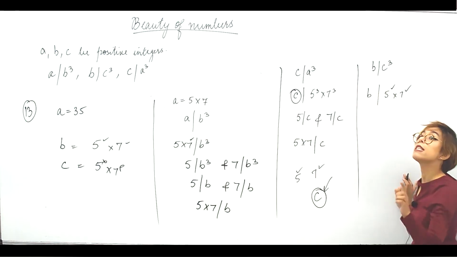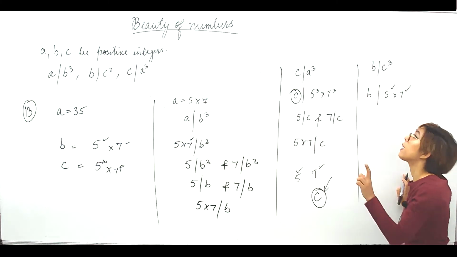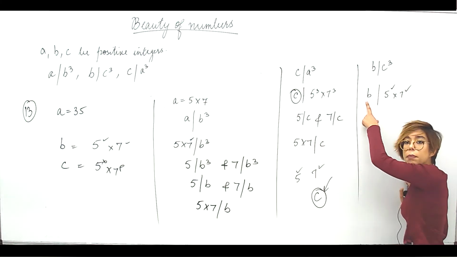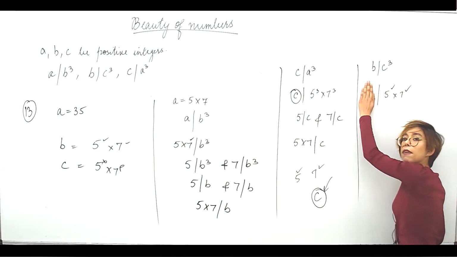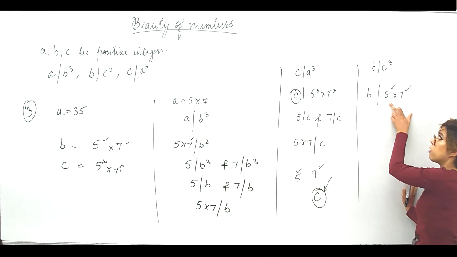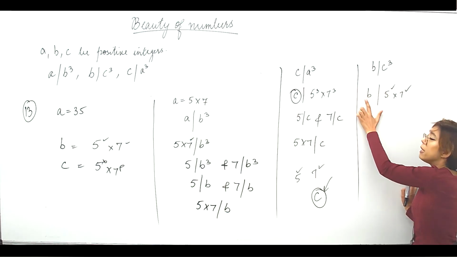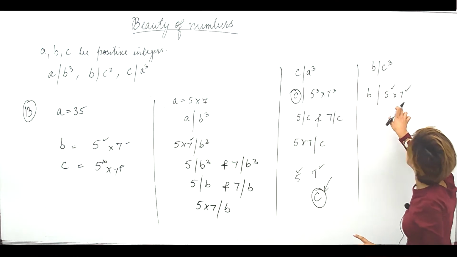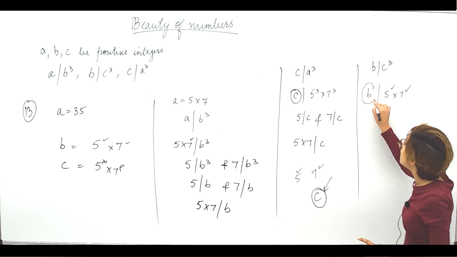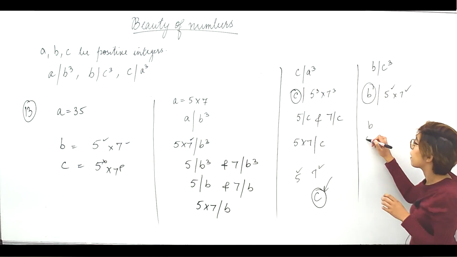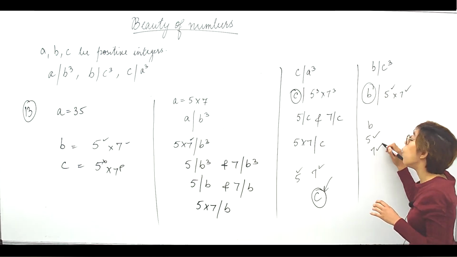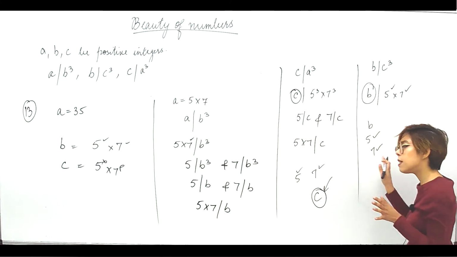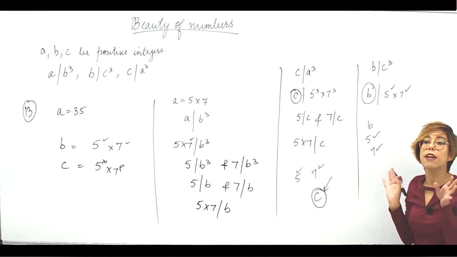But the question was, can there be another prime factor in B? No, it can't be. Because if there is, suppose you have prime factor 3, there is no prime factor 3 over here, so it will not remain exactly divisible, and that will be a problem. Since B exactly divides C cube, I can say that B also should have the prime factors of 5 and 7 only. There might be different powers, we understand it, but the prime factors will remain the same.